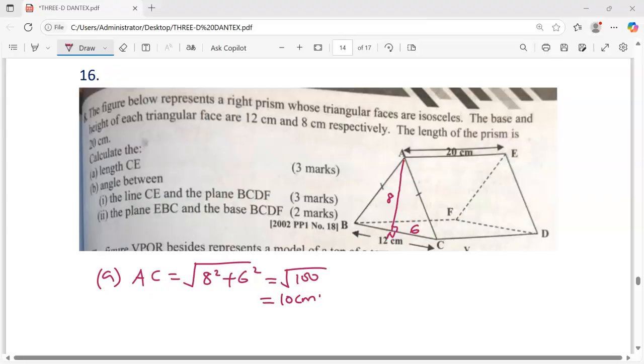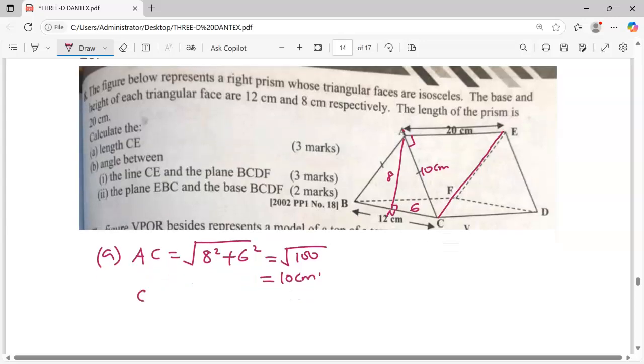Since we have gotten AC as 10 centimeters, remember ACDE is a rectangle with the vertices 90 degrees, and therefore now if we connect C to E, we are going to have a right angle triangle AEC, where CE is the hypotenuse.